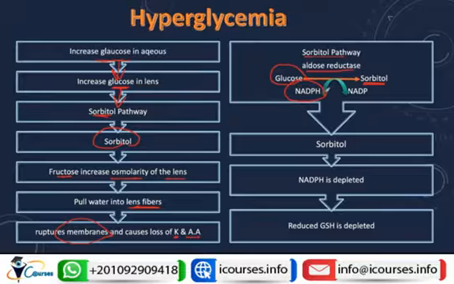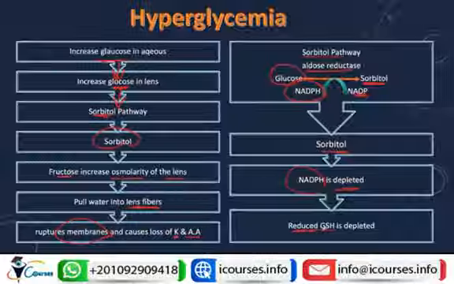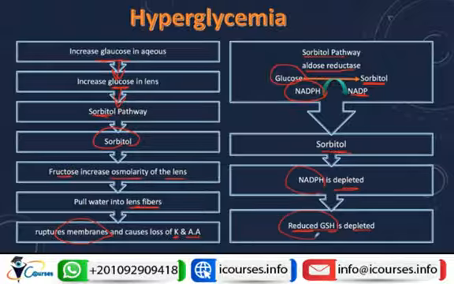So this pathway will cause reduction of the NADPH into NADP, so that we don't have NADPH, and the reduced glutathione is depleted, because reduced glutathione is dependent on the presence of NADPH. So the main antioxidant of the lens is not functioning well, because it is not reduced, because there is no NADPH, because the glucose to sorbitol pathway has consumed all the NADPH.